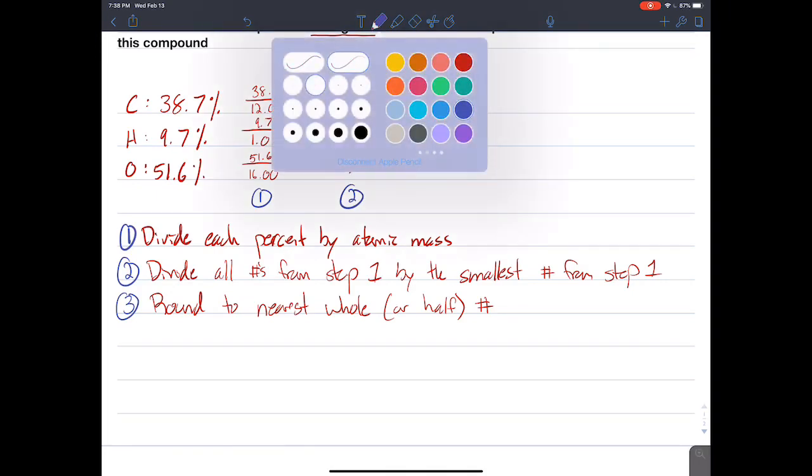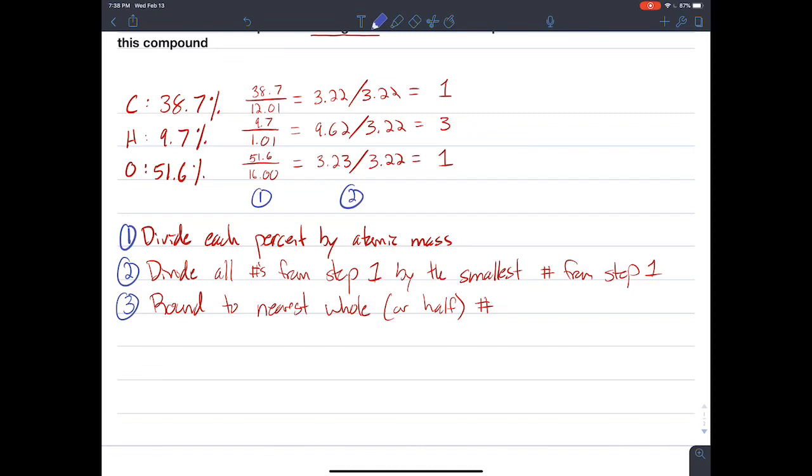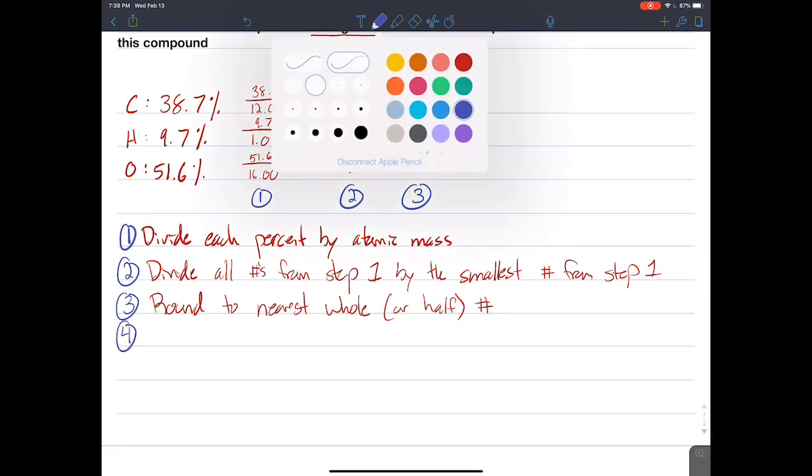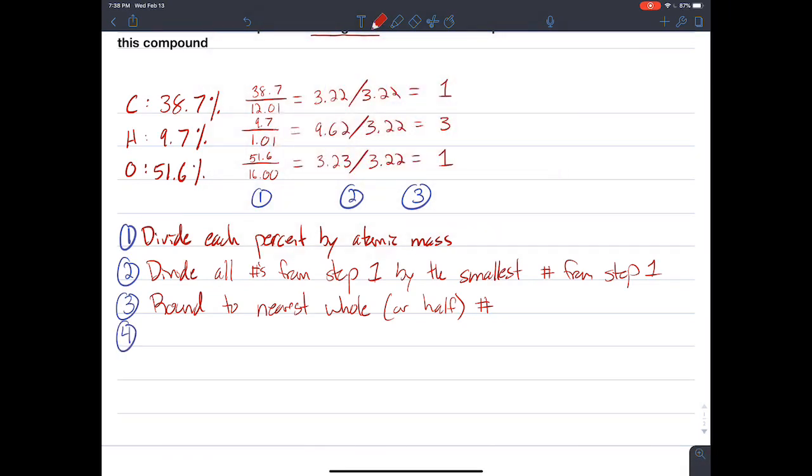So let me put step 3 by the equal sign because it's part of that. Now step 4 is a step that's only involved sometimes. If you get a half, double everything.